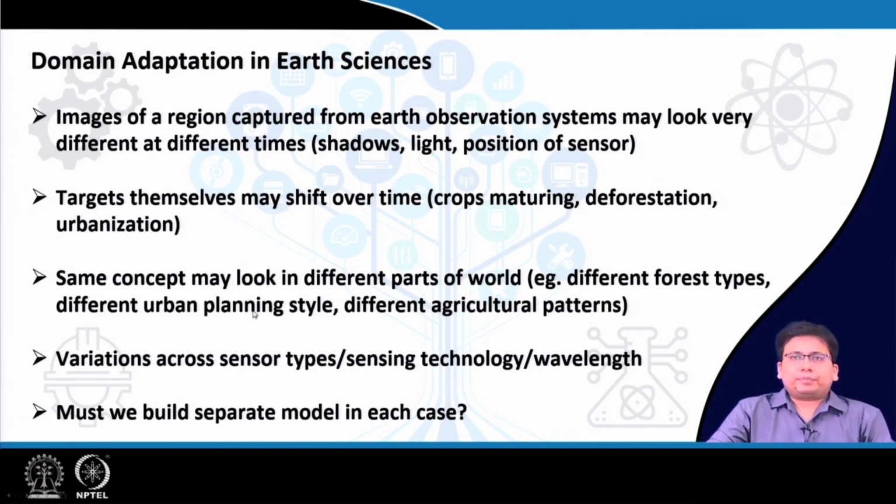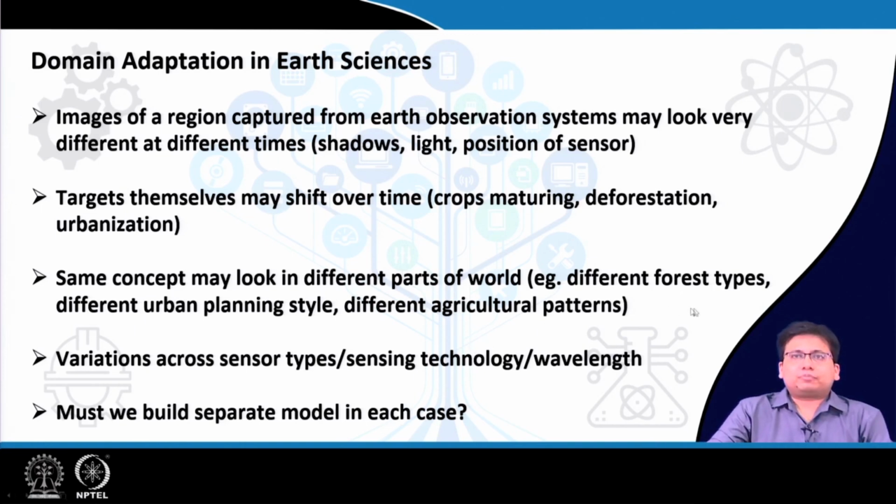Also, we may develop a model for some remote sensing purpose and train it with data from one part of the world, but that model may not work in another part of the world because the targets may look different there. For example, in some of our earlier lectures we have talked about LULC changes and building detection in cities. Now suppose I train a model for detecting buildings in a city, on cities developed according to a particular urban plan.